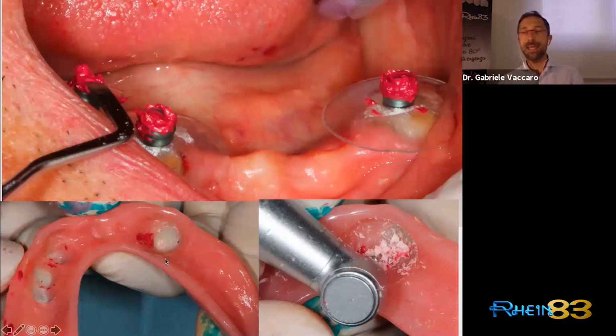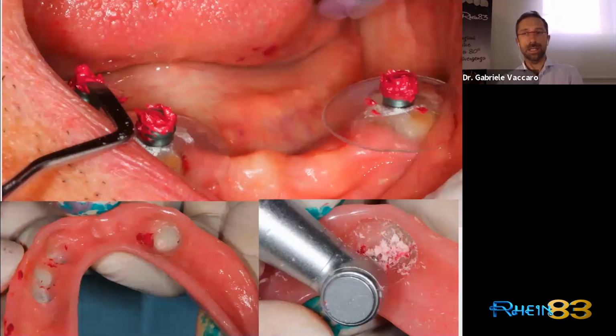Check it as many times as you can, until you don't have any trace of the lipstick or of the toothpaste. When it comes out of the mouth completely polished, completely clean, without any trace of toothpaste or lipstick, then it's ready to be relined.